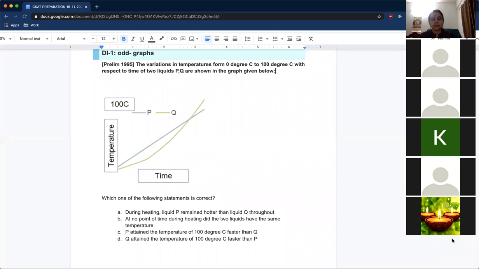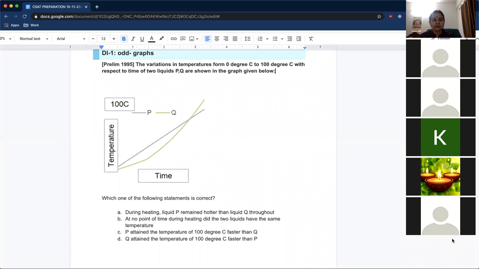The variation in temperature from 0 degrees Celsius to 100 degrees Celsius with respect to time of two liquids P and Q are shown in the graph given below. Which of the following statements is correct? During heating, liquid P remained hotter than liquid Q throughout.